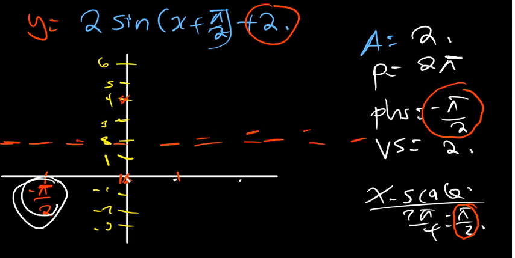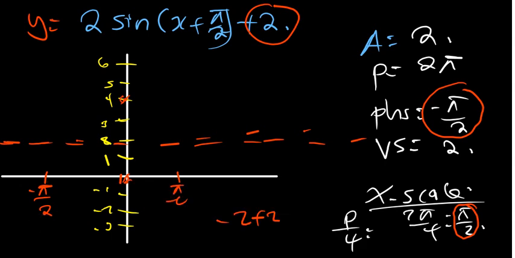So we're going to have what? I have added pi over 2, I've reached where there's 0. Pi over 2. 3 pi over 2. 1, 2, 3, 4. The last one is going to be what? It's going to be pi.